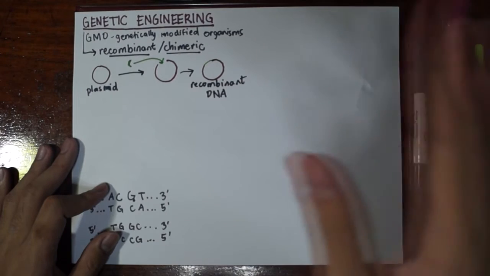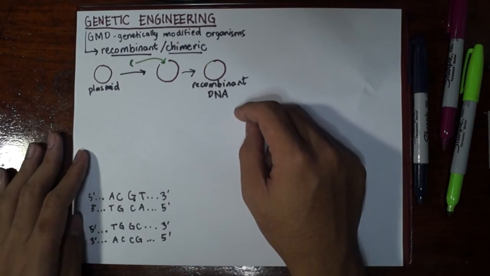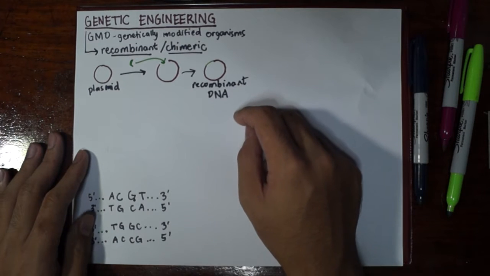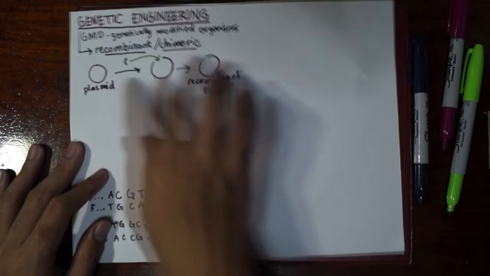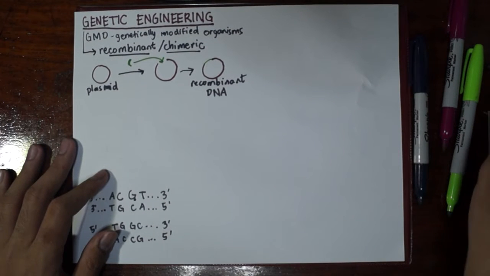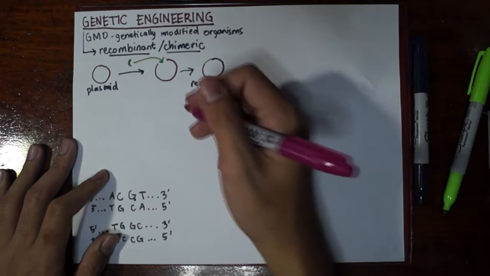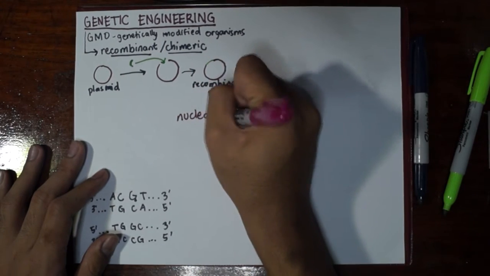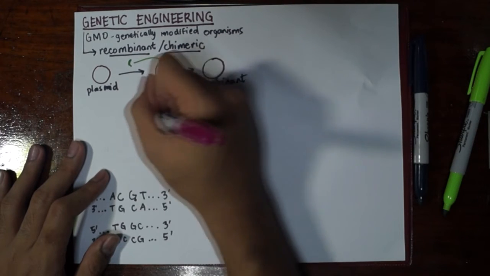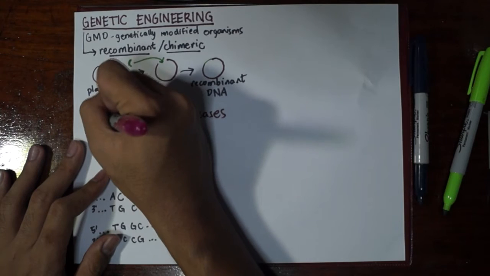Alright, so first thing, we open up the plasmid. So we have enzymes that cleave phosphodiester bonds. Again, these are nucleic acids, don't forget. And the ones that cleave nucleic acids are obviously known as nucleases, particularly an endonuclease and a restriction endonuclease.